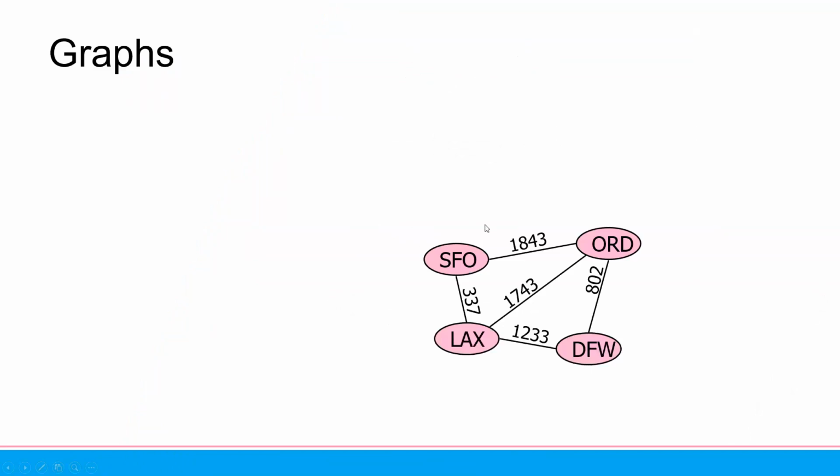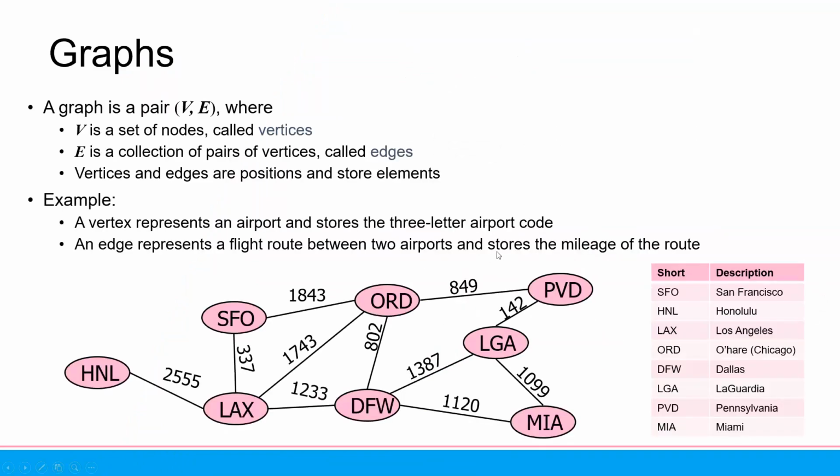What is graph? A graph is a pair of V and E. What is V? V is a set of nodes. In some literatures, they call it nodes.